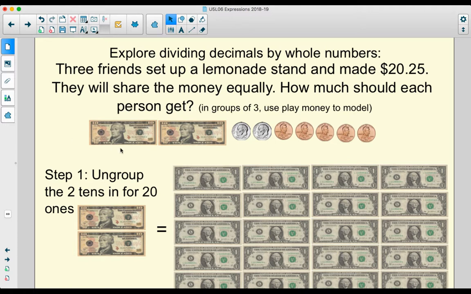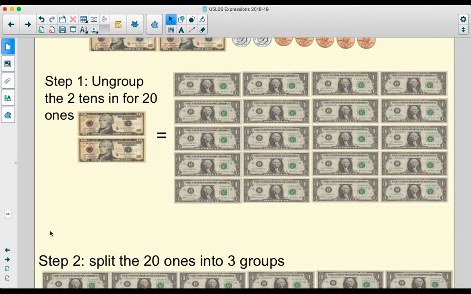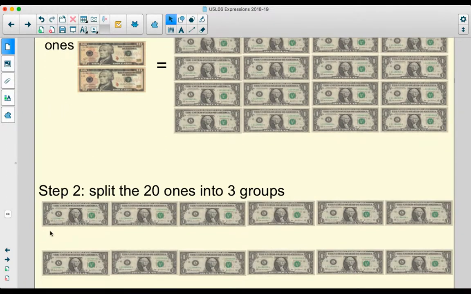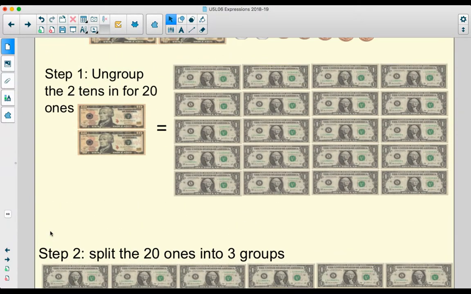So if I have 2 tens, I cannot share those equally among the three people. So I ungroup the 2 tens by trading them in for 20 ones. Now I can split the 20 ones into 3 groups. Here's where I wish I had my smartboard.